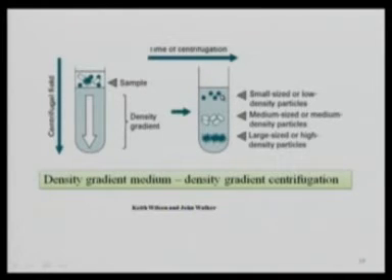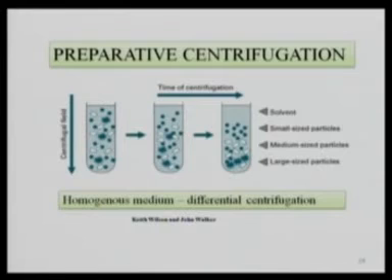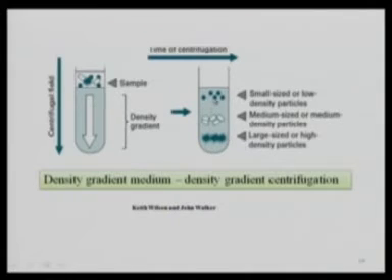But when you compare the image of the previous one and this one, especially the last section, there the separation is a kind of mismatch, with some higher and lighter ones mixing with each other. Whereas in this case there is a clear-cut distinction. The smallest, lightest are on the top, medium ones in the middle, and heavy ones at the bottom. That means here the separation is purely based on the densities. That's why we call it density gradient centrifugation.